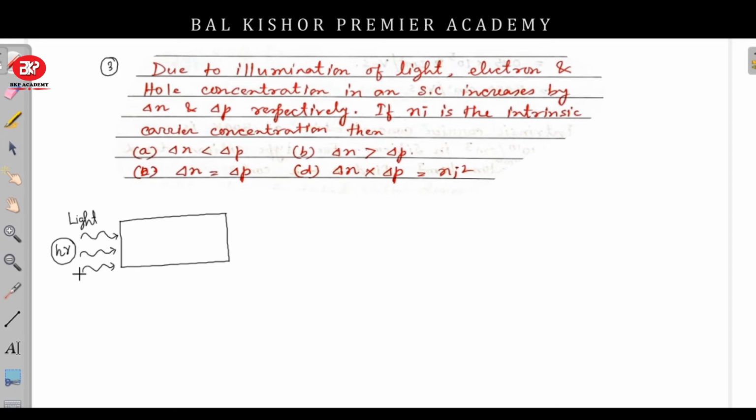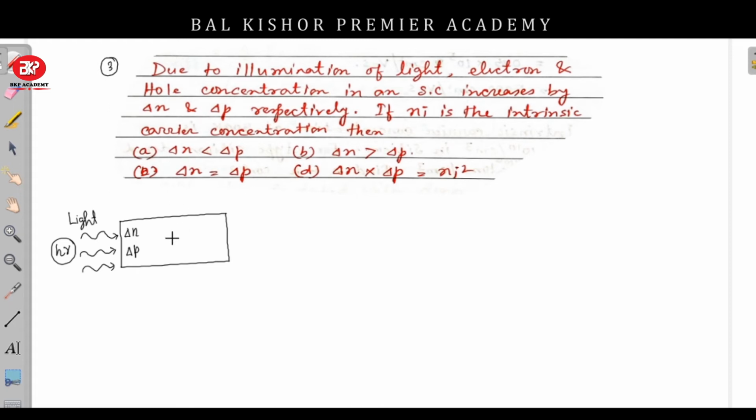So actually the stream of photon particles are incident on the semiconductor, and this stream of particles will produce some excess electrons at this position. So let us say according to the question that del n concentration of excess electrons has been produced, and del p amount of excess hole concentration has been produced due to the light incident. So if this Ni is the intrinsic carrier concentration, then which one of the following will be true?